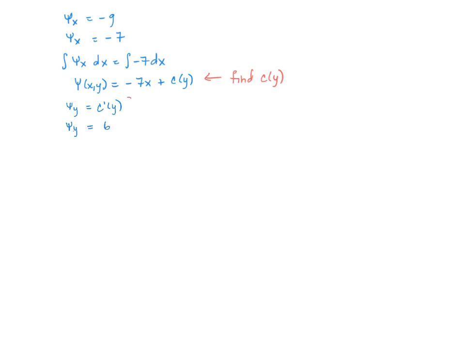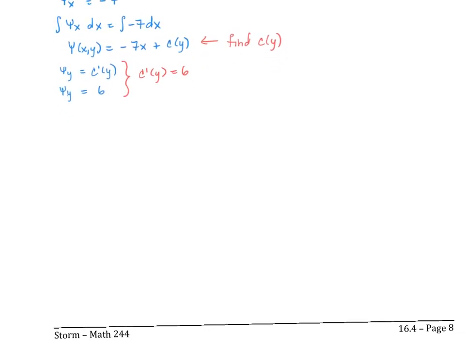If I compare this derivative of the constant with 6, these have to be equal. And since they have to be equal, I can integrate both sides of this equation with respect to y.